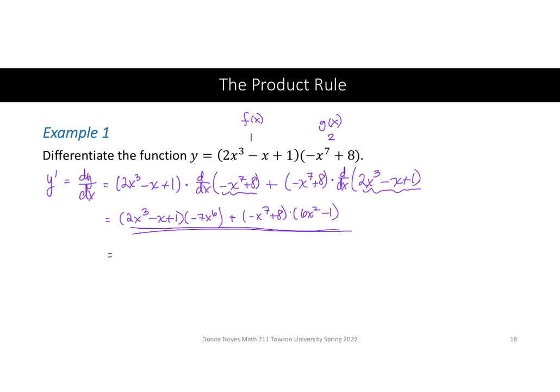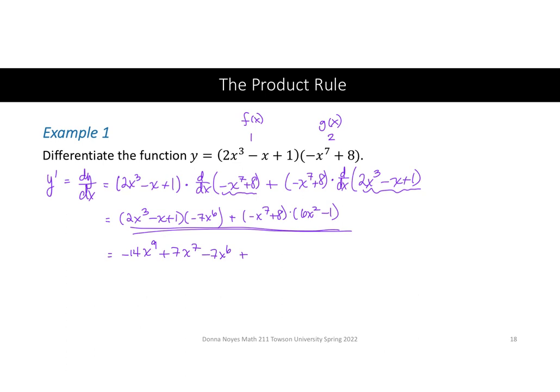So if I take a negative 7 times 2, I get negative 14x to the 9th, because 3 plus 6, plus a 7x to the 7th, and minus a 7x to the 6th. And that one was kind of the easy one. This one on the second term, we're going to have to distribute. So negative x to the 7th times 6x squared would make it, I think I wrote a plus.